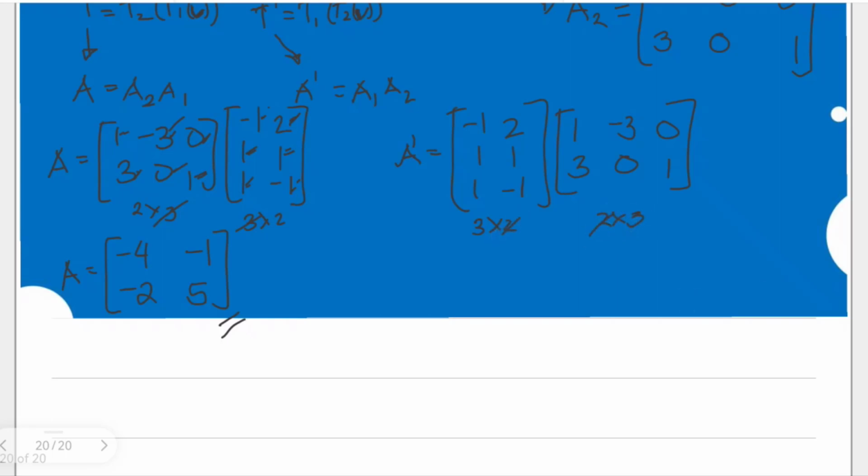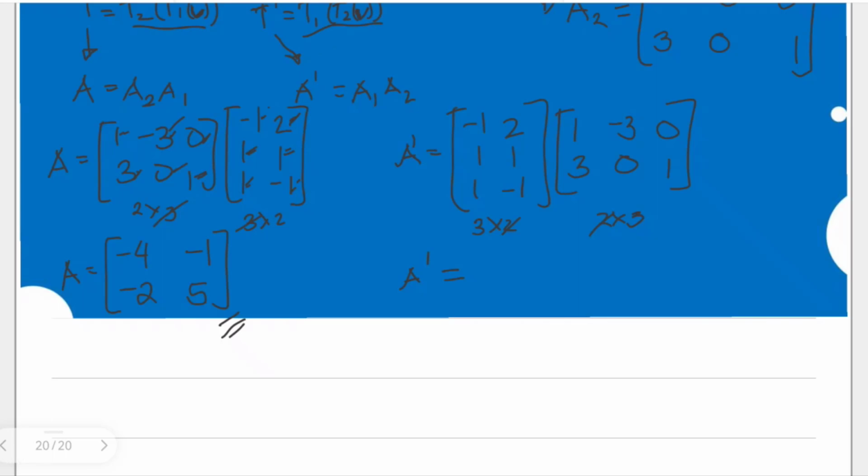The product is defined and it should be a 3 by 3 matrix. As mentioned, commutativity is not all the time true for multiplication of matrices. We have a 2 by 2 matrix here, and we are expecting to have a 3 by 3 matrix for A prime. That's why it's really a proof that there's no commutativity for multiplication of matrices, and at the same time, the composition of linear transformations.